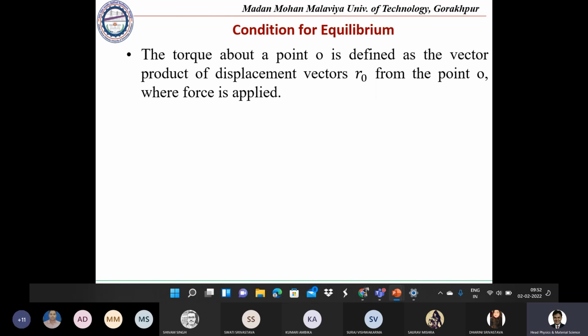Now the torque about a point O is defined as the vector product of the displacement vector R0 from the point O to where the force is applied.